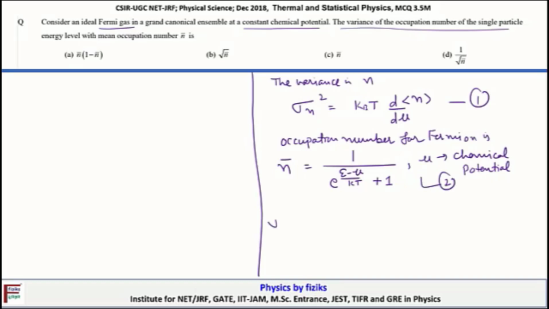So sigma n square is equal to kT d by d mu of n var, which is basically 1 upon exponential E minus mu by kT plus 1.